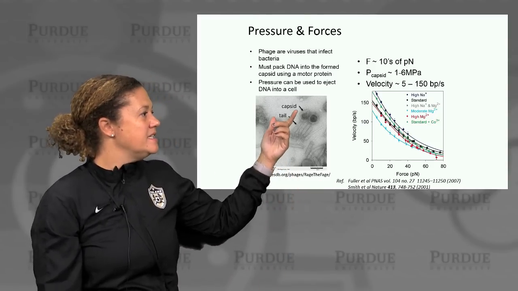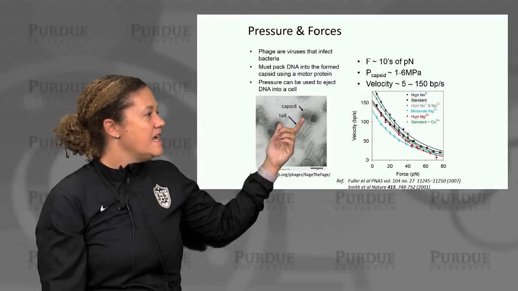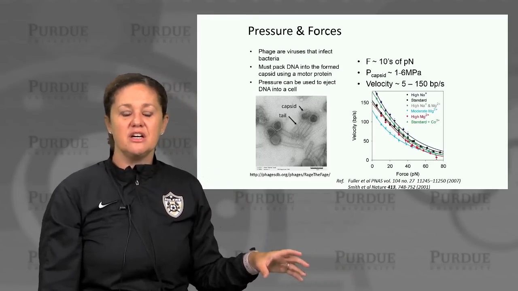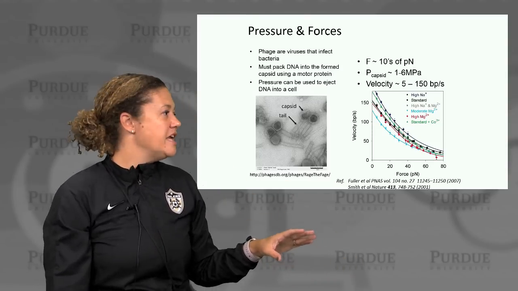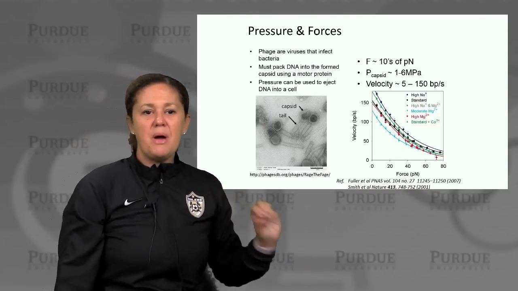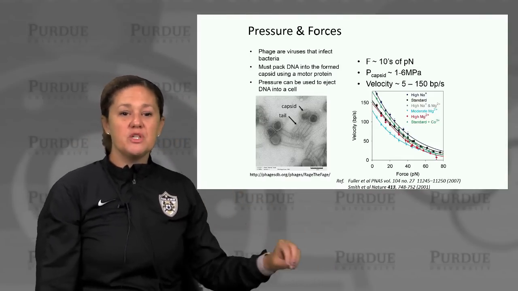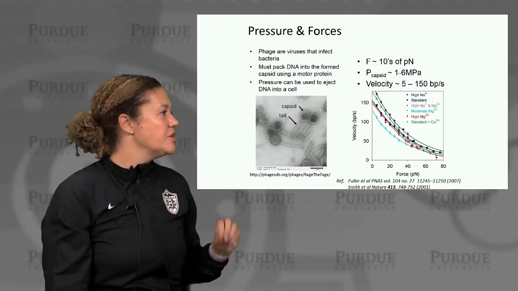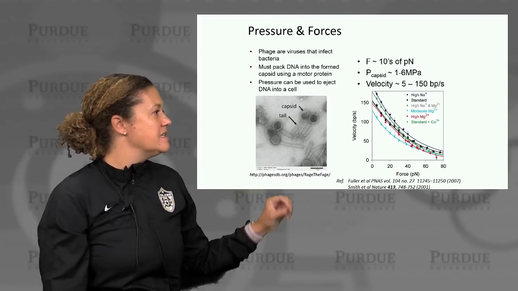So the capsid head contains, in this case, our DNA, and we've got a tail. That tail acts as a physical injector that inserts the genetic material into the host cell. So there's this pumping mechanism. There must be forces and energy. This virus has to do work in order to pump this DNA into the cell.